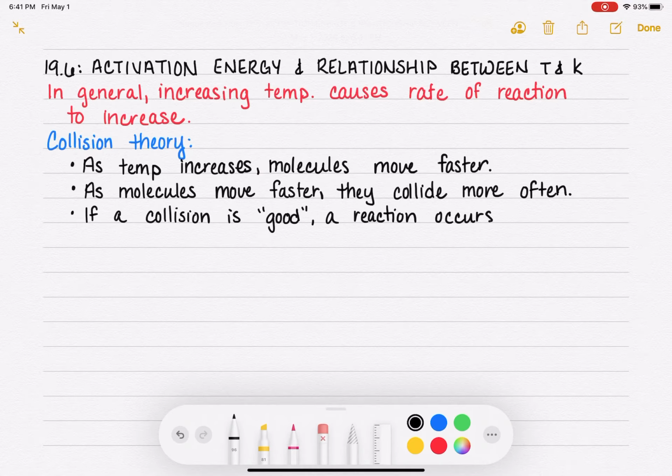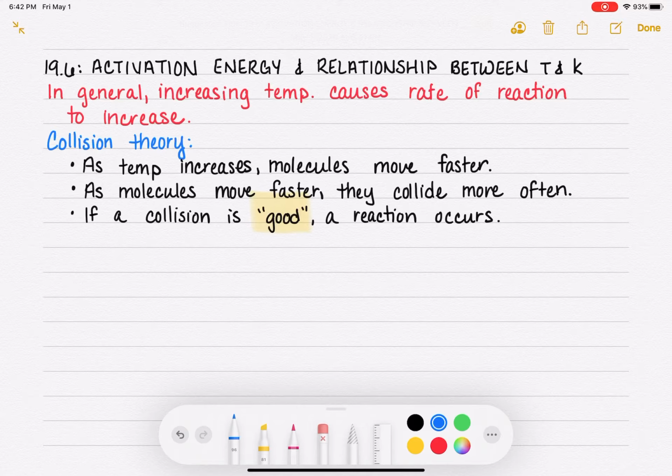To me, it's kind of a statistics thing. Molecules bump into each other all the time and they don't actually react with each other. In order for a reaction to occur, the collision has to be just right. It has to be what we call good. And so if you want to increase the number of good collisions, you just need to increase the number of collisions in general. The bad collisions will increase as well, but that's how we're going to get the good collisions to go up.